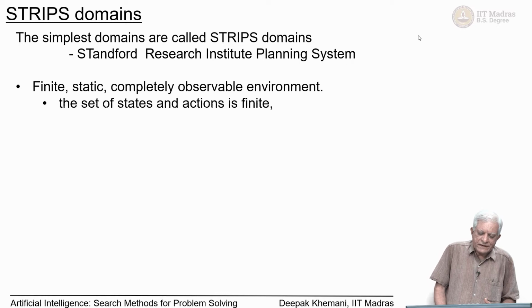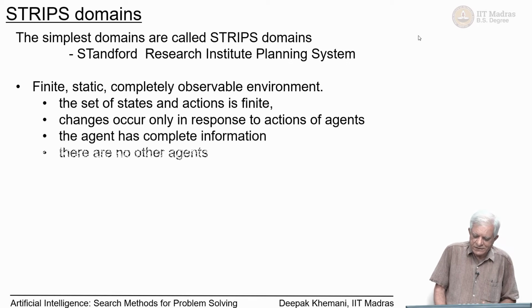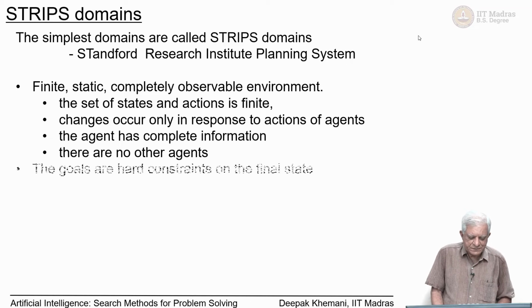They involve finite, static, completely observable environments essentially. The set of states and the actions is finite. Changes occur only in response to actions of agents. The agent has complete information of the state, and there are no other agents essentially. So, on all the dimensions that we saw, these are the simplest that can happen essentially.